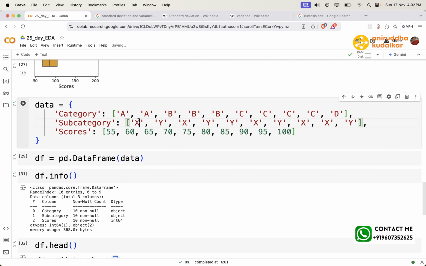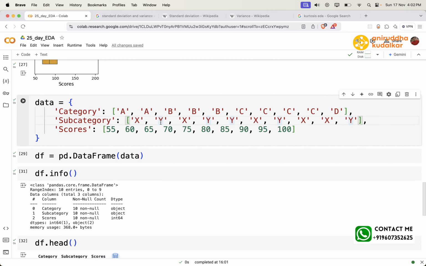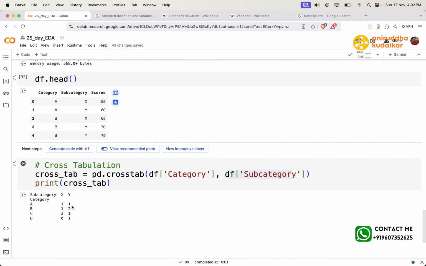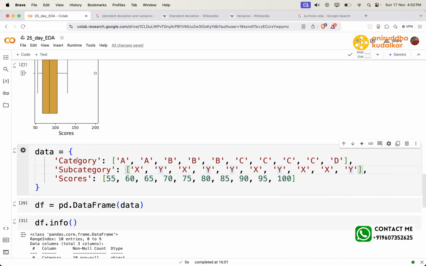A is there for X, A is there for Y also. And that's why it has created 1, 1, 1, 1. In the category, for the A, there is an X subcategory. For the A, there is a Y subcategory.